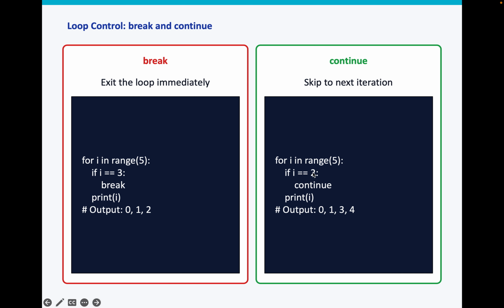When we reach the step where i is equal to 2, it will not print, and it will go to the next iteration, that is 3, 4. Continue will skip the print statement when the condition is met and jump to the next iteration.